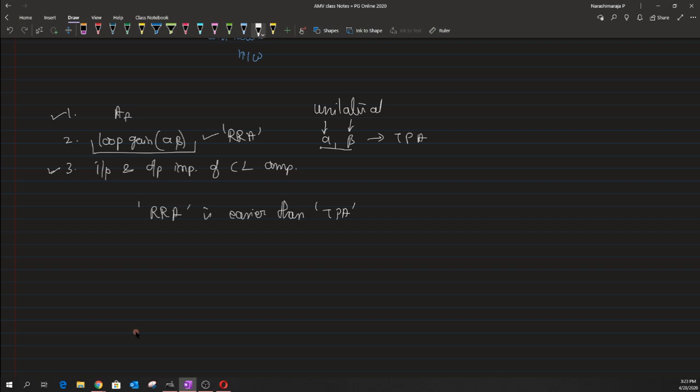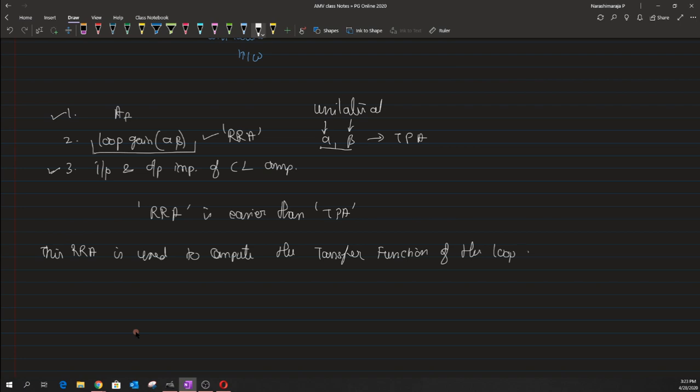So the next thing is that this return ratio analysis is generally used to compute the transfer function of the loop gain.